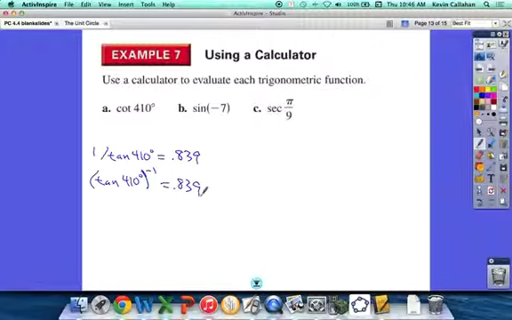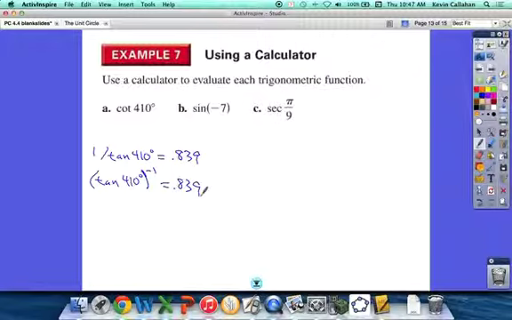What Taylor just did, which I found kind of interesting, is she did not put her calculator in degree mode, and she got the right answer. She used the degree symbol. She was in radian mode, but she did the tangent of 410, went to the second angle 1 and put the degree symbol, and then there wasn't any confusion about what it was. It did the right thing.